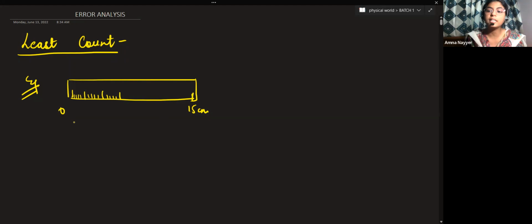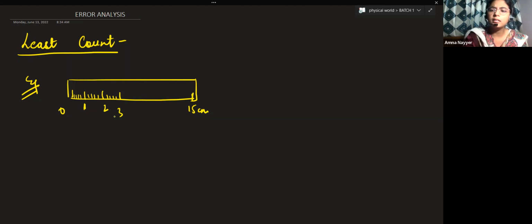See, it is measuring till 15 centimeter. It has calibrations till 15 centimeter. It does measure 1 centimeter. We also know it measures 2 centimeter, 3 centimeter also. But not talking about 1 centimeter only, let's talk about lesser of it.